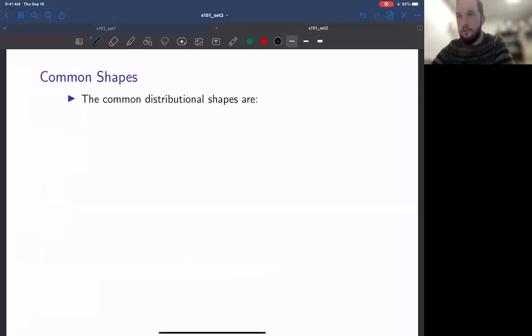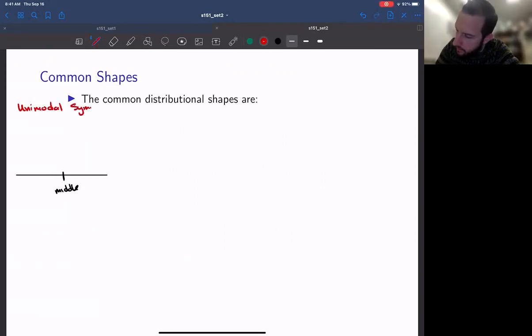All right, so there are common shapes that we will see throughout the course. The most common shape is what we would call unimodal symmetric.